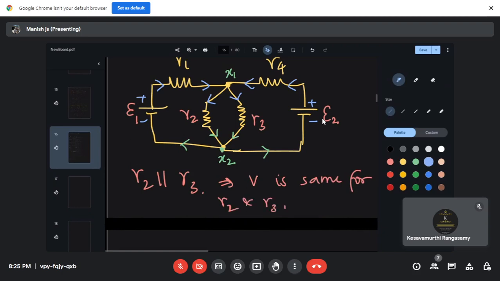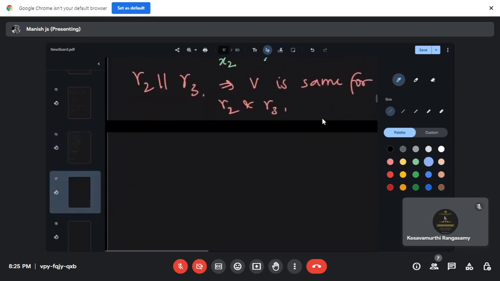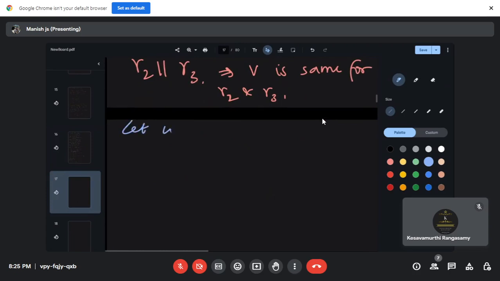Now, do we know that potential? We don't know. Let us assume that potential as V. I am marking it in that figure. Let us say potential across R2 and R3 is V. So I am writing it here. Potential difference across R2 and R3 is V.